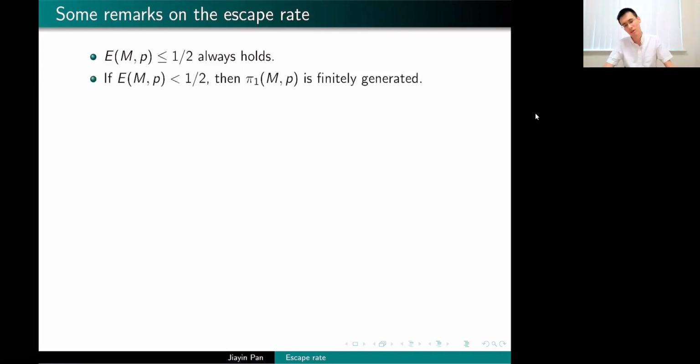Secondly, if the escape rate is strictly less than 1/2, then the fundamental group is indeed finitely generated.